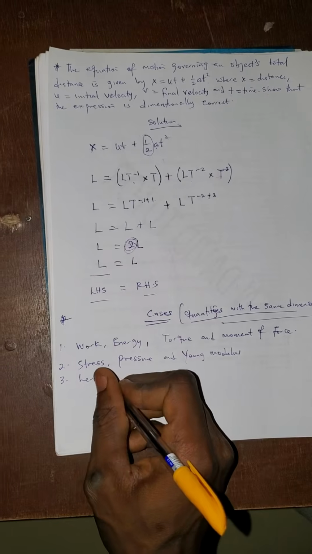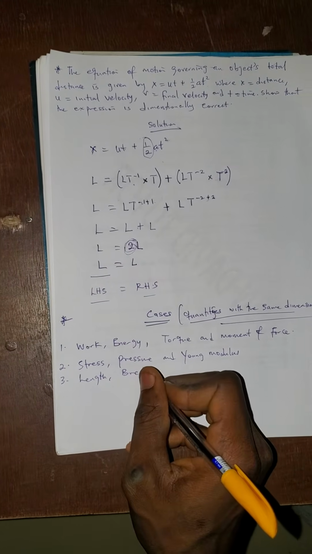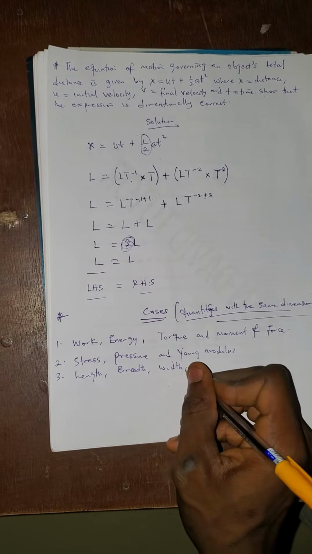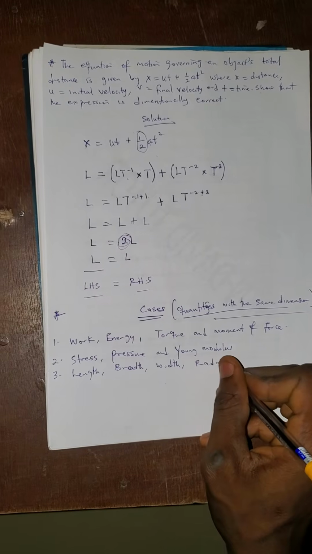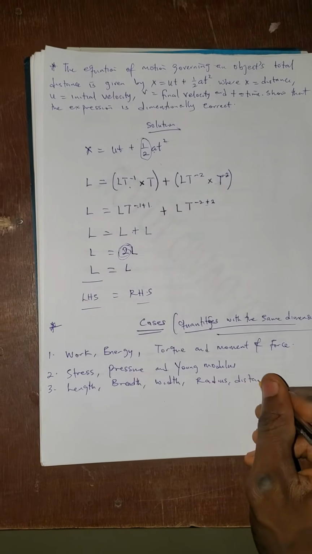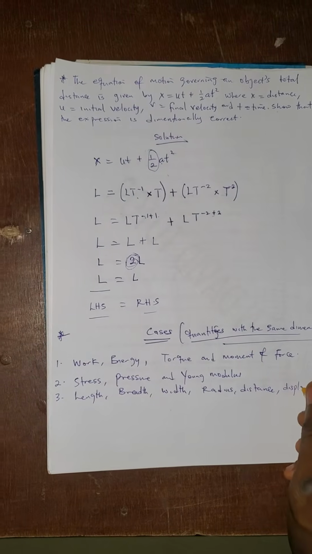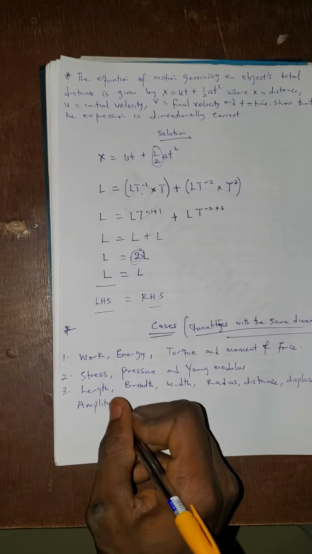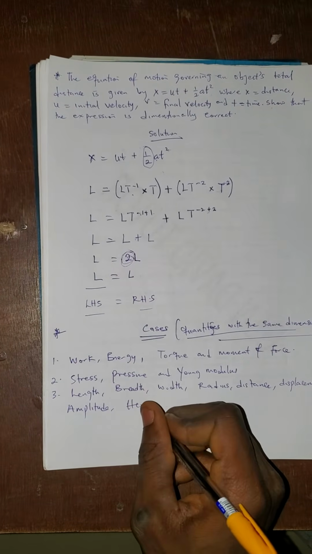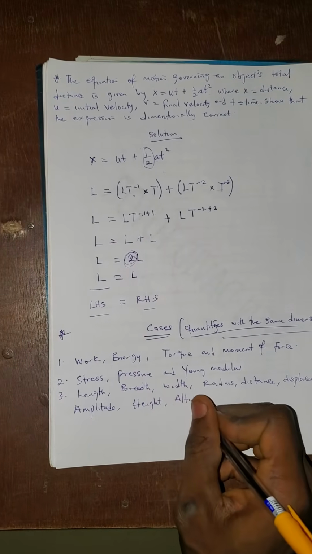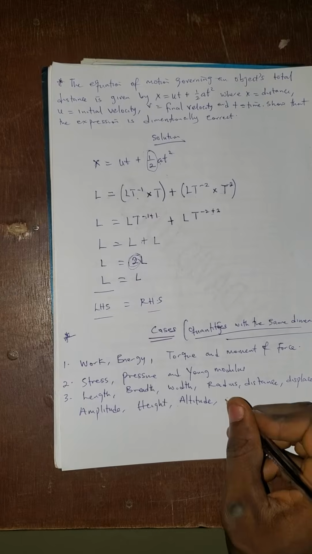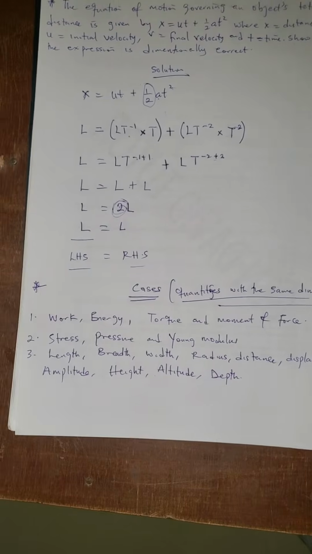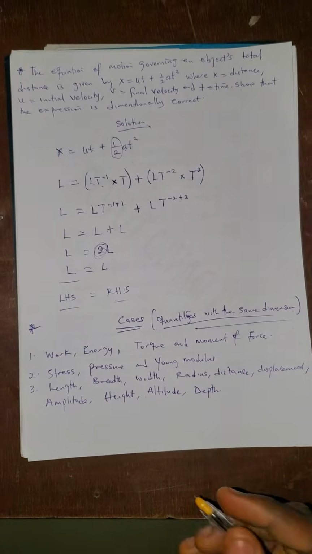We also have another one: length, breadth, width, radius, distance, displacement, amplitude, height, altitude, depth. All these also possess the same dimension.